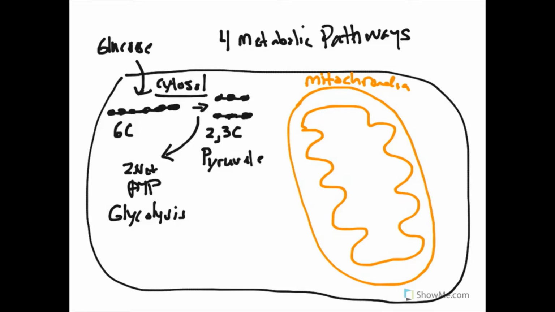Now, let's do a very quick overview of the basics of the mitochondria structure. Remind ourselves that the mitochondria has an outer membrane. There's an outer membrane. There is an inner membrane. There is an intermembrane space.